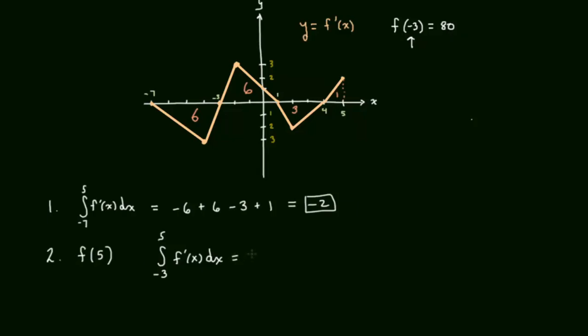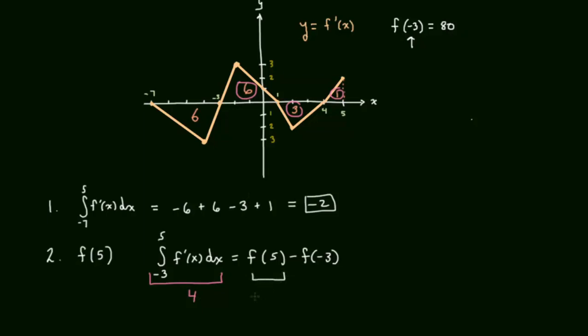By the fundamental theorem of calculus, part 2, that's going to yield the antiderivative at 5 minus the antiderivative at -3. We shall appeal to geometry to compute this, and that'll be the 6 minus 3 plus 1 to give us 4.